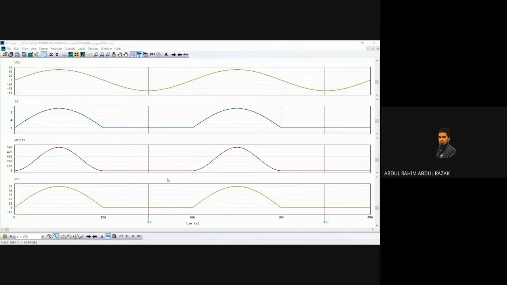When forward biased, the current flows into the load, but when reverse biased, the current is blocked by the diode. That is your comment, how you can see or comprehend from the graph.